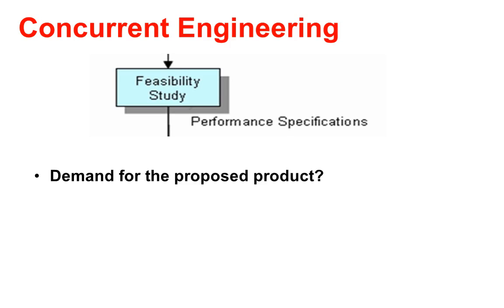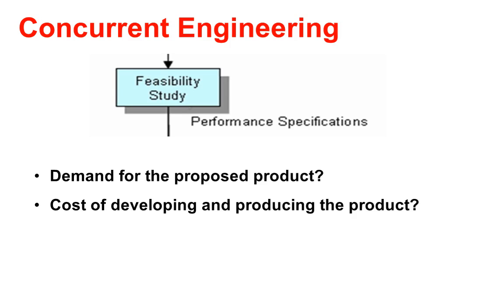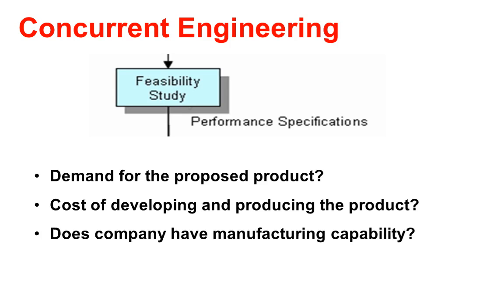Next is feasibility study. Performance specifications are made, and demand for the proposed product is ascertained. Cost of developing and producing the product is also calculated. Does the company have manufacturing capability to manufacture the product as per the design we have already thought of?